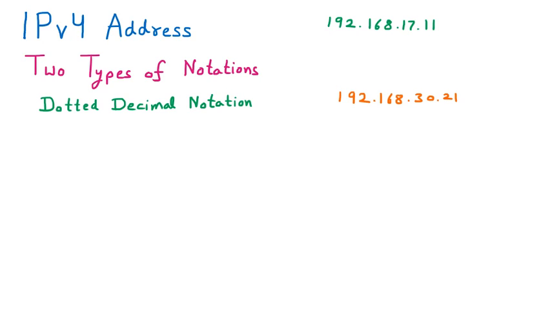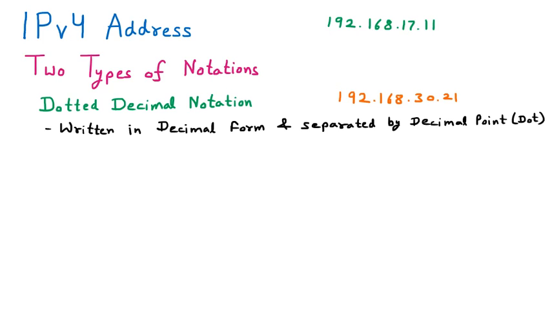This type of address is the dotted decimal notation. This address is written in decimal form and separated by the decimal point called dot. Here we can see that there are 4 blocks, block 1, 2, 3 and 4, all separated by a dot, and these blocks are decimal numbers.